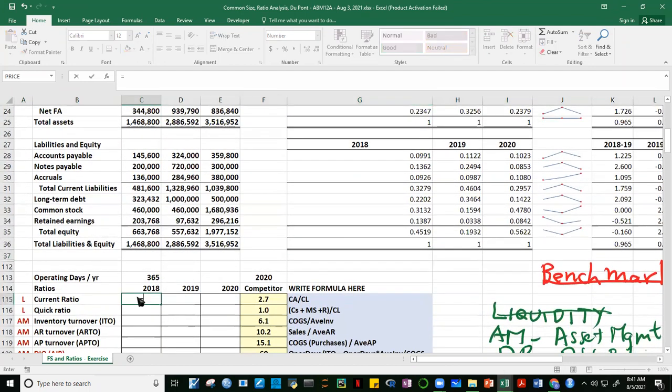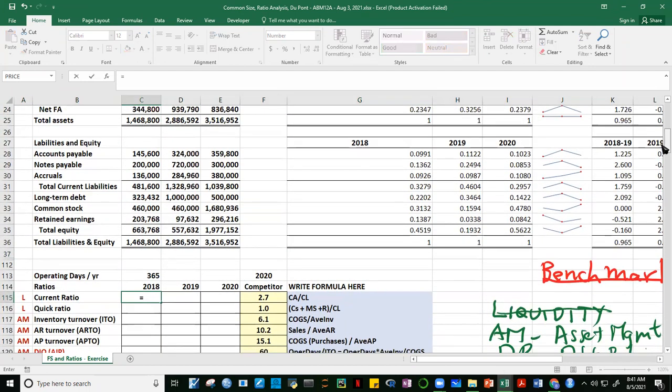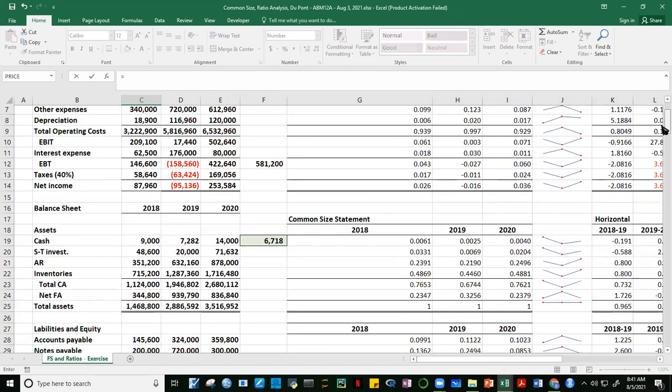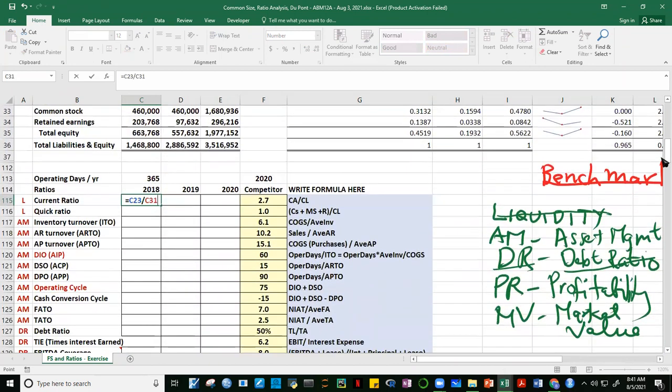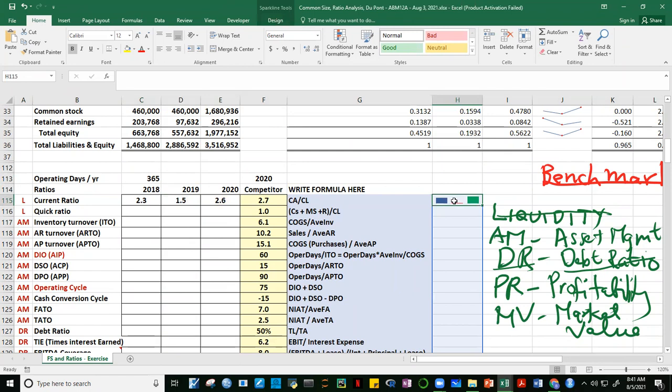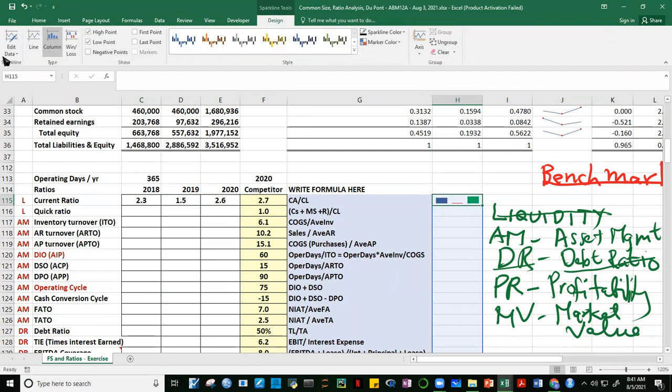Okay, current ratio, it's equal to total current assets divided by total current liabilities. Okay, enter. All right, then we can copy the formula to the right. Okay, so tapos andito din guys yung ano, may spark line na dito. Palitan ko lang yung, gawin ko na lang line.